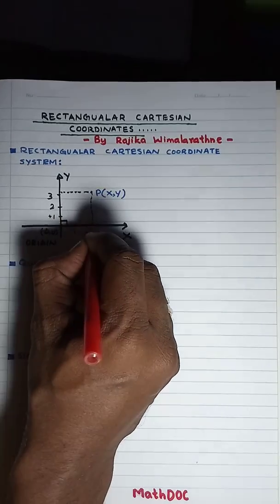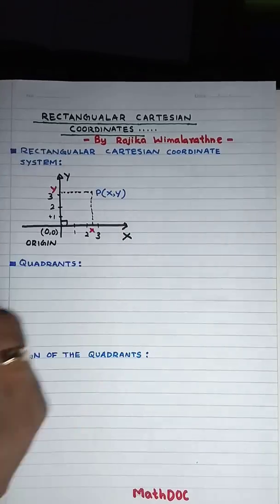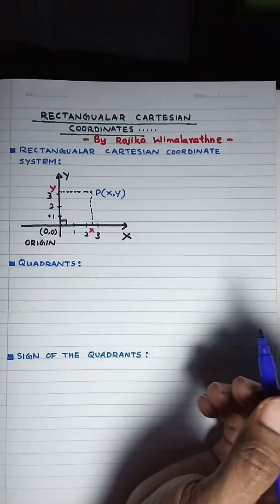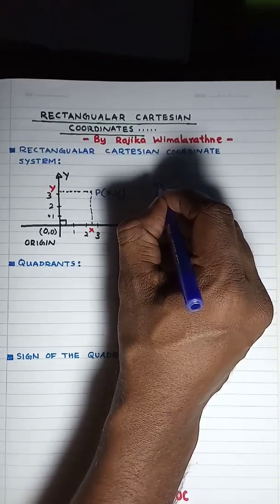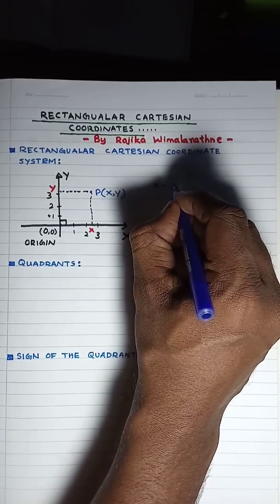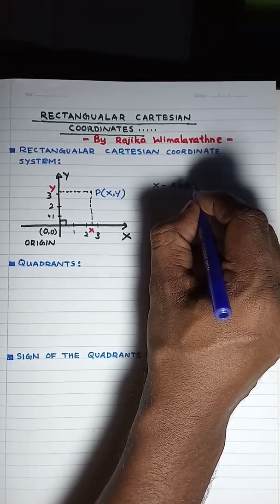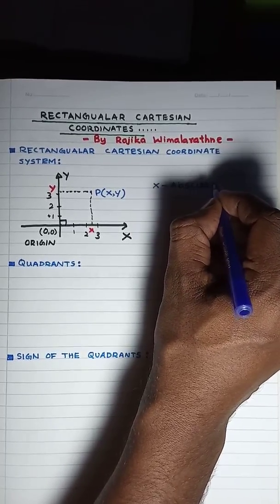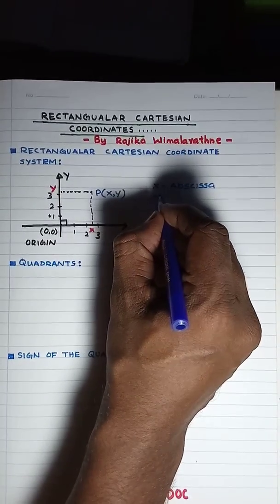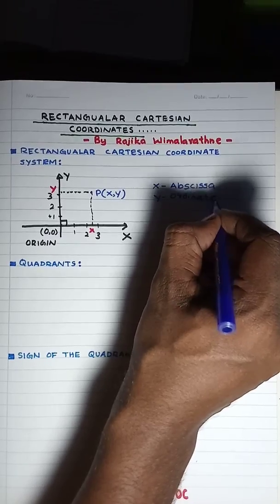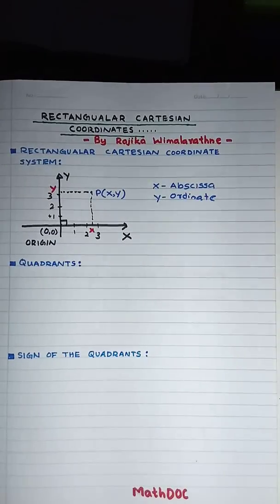This x coordinate is called the abscissa, and the y coordinate we call the ordinate. This is the rectangular Cartesian coordinate system.